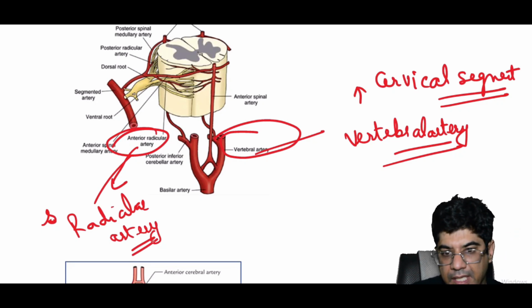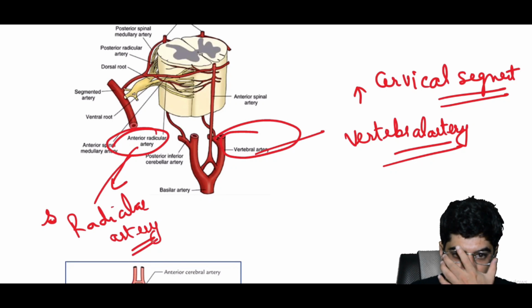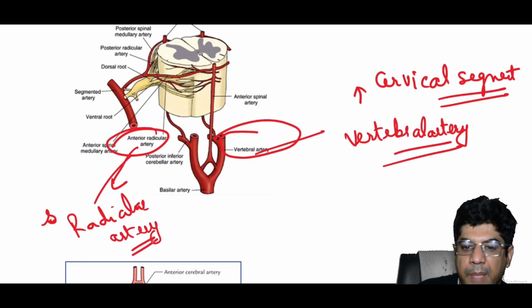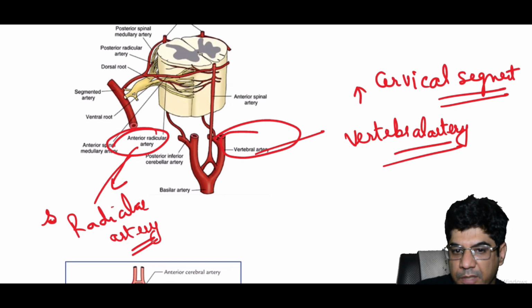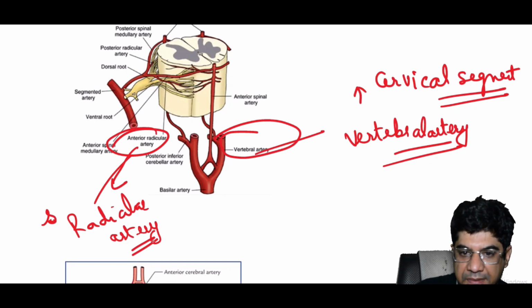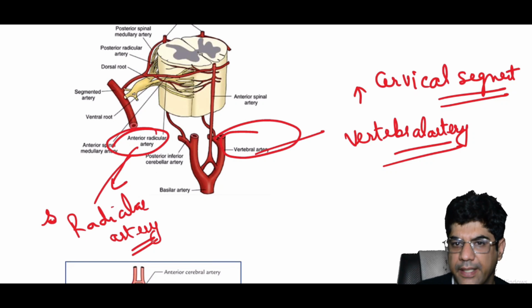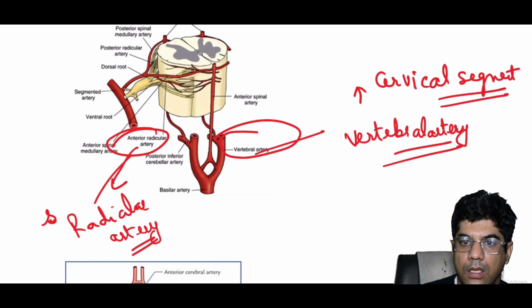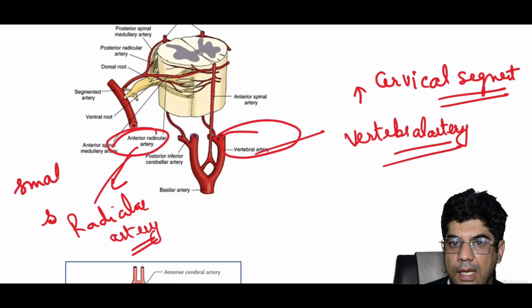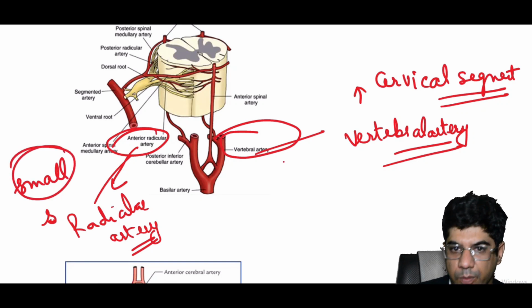Well, the radicular arteries are the branches that reach the spinal cord along the route of the spinal nerves. So they come from the spinal branches of vertebral, ascending cervical, deep cervical, intercostal, lumbar and the sacral arteries. Most radicular arteries are small and they only supply the nerve root.